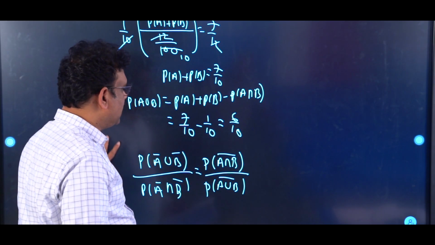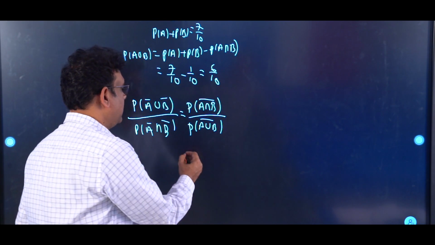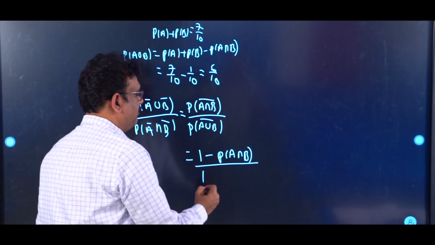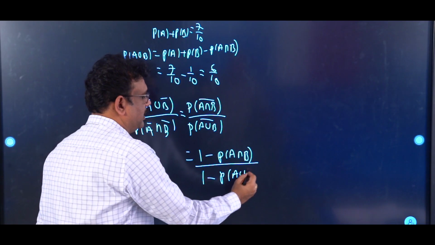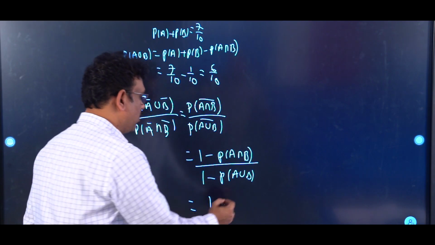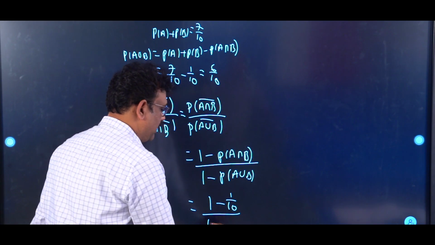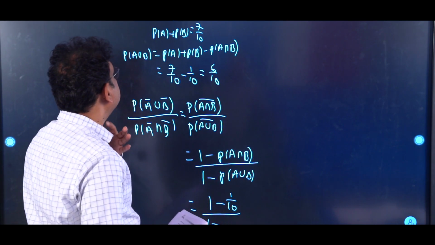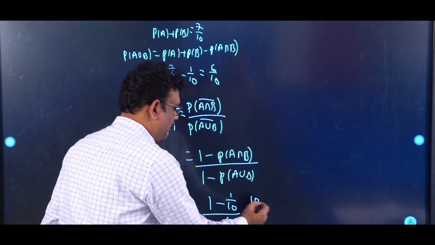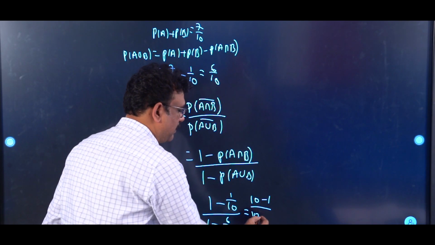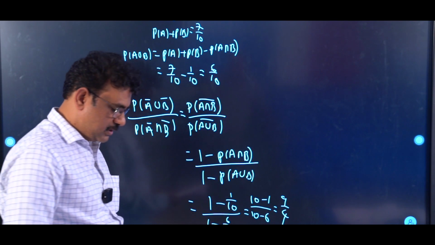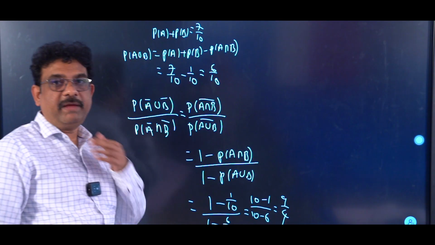That is equal to 1 minus P(A ∩ B) by 1 minus P(A ∪ B). So 1 minus A ∩ B equal to 1 minus 1 by 10, 1 minus A ∪ B is equal to 1 minus 6 by 10, that is 9 by 4. So the answer is 9 by 4.